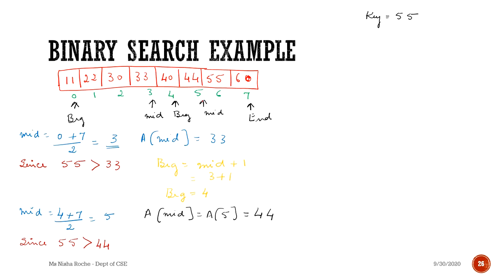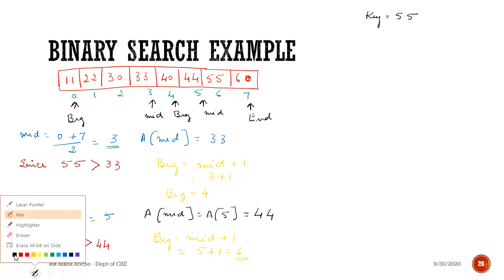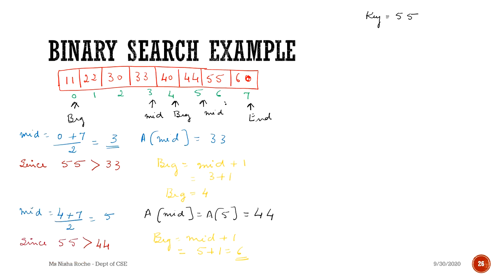Because we are moving to the right side, update the beginning value. So what is the new beginning value? The new beginning value will be mid plus 1. What is the current mid? The current mid value, you can see it is 5. So 5 plus 1 is nothing but 6. So 6 is the new beginning value. So we have the beginning and we have the end value.